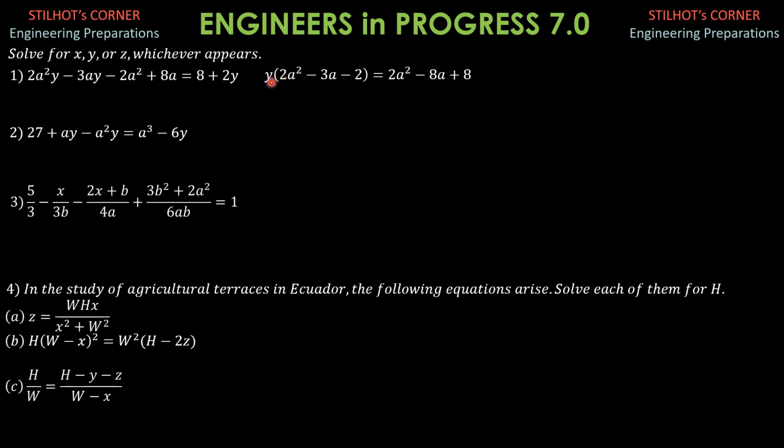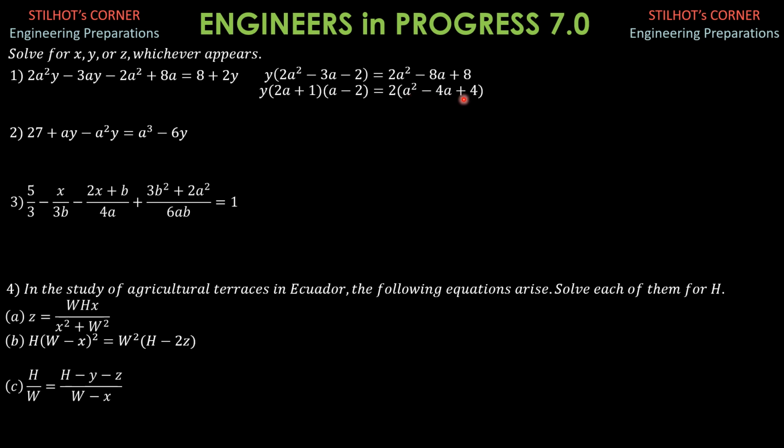Then we have y quantity 2a squared minus 3a, then transpose this to the left, so minus 2y. That's why we have minus 2 here. We factor this into y times 2a plus 1 and a minus 2. Y times 2a plus 1, then a minus 2 equals 2 quantity a squared minus 4a plus 4.